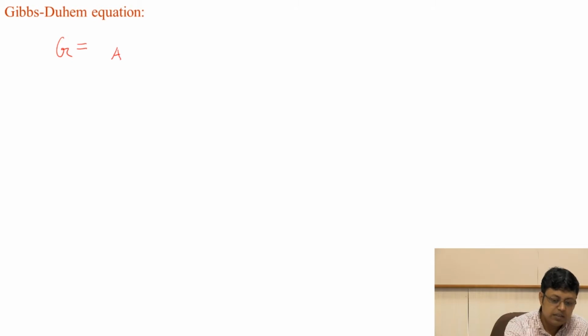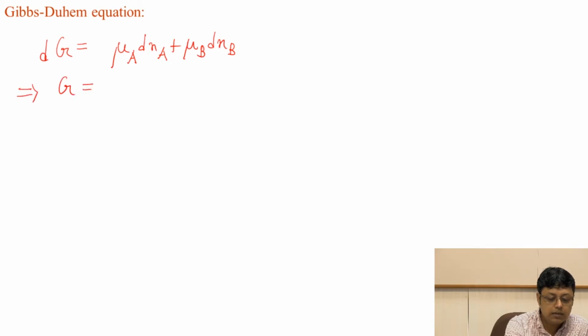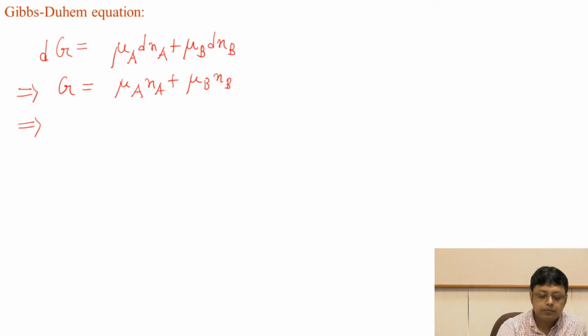We can start from the differential, mu A dNA plus mu B dNB, and then integrate it to get mu A NA plus mu B NB. Then you can start from this equation and again take a differential.